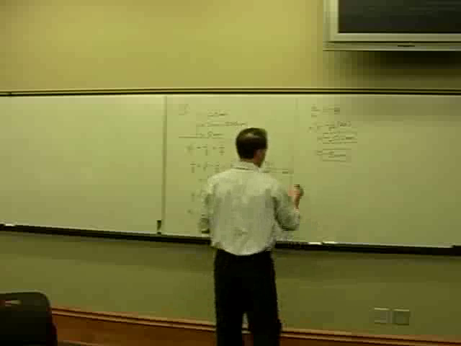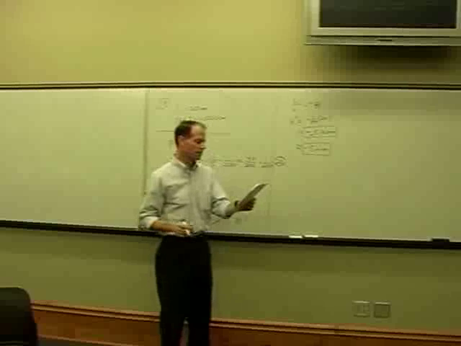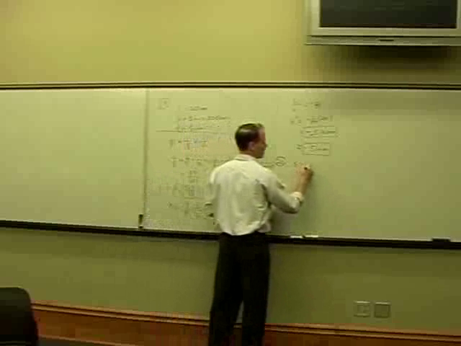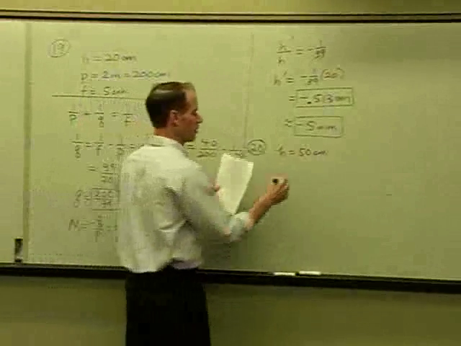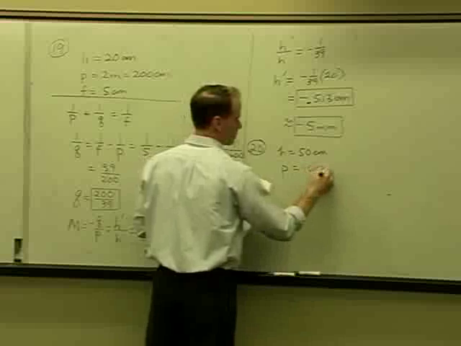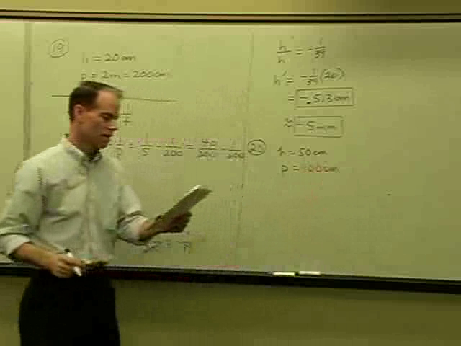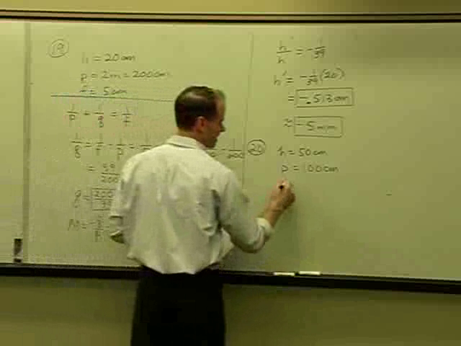Problem 20. An object 50 centimeters high is placed 1 meter in front of a converging lens whose focal length is 1.5 meters. Determine the image height in centimeters. Well, let's see, object 50 centimeters high, so let's write that. Object height. Placed 1 meter in front of a converging lens, so I'm going to go ahead and say that my object distance is 100 centimeters. Of course, they did put the focal length in meters, so I probably could have left it like that. Oh well.